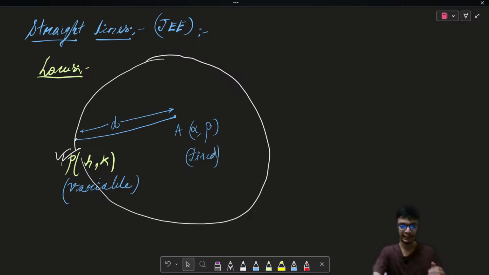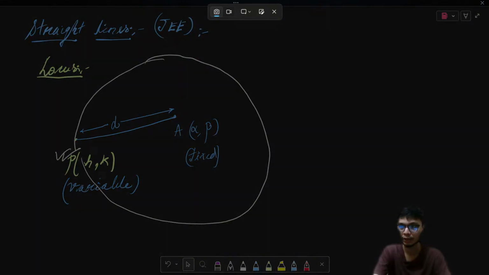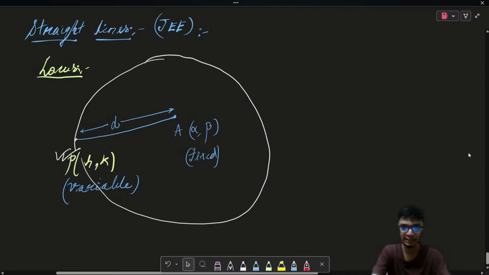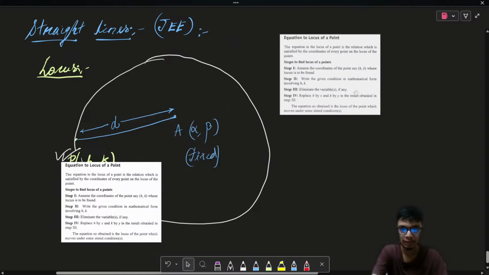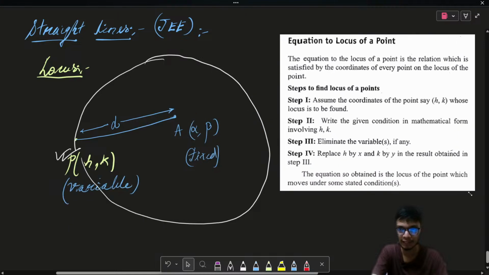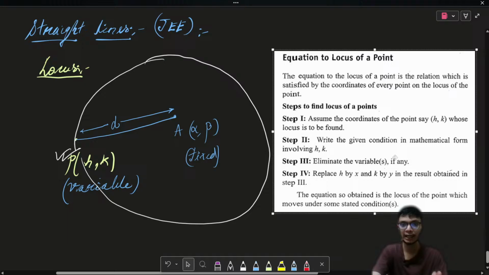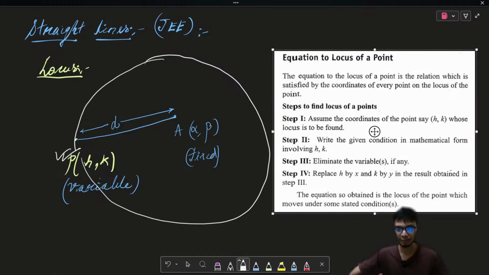Now, there are certain fixed methods or steps to find any general equation of locus. So if I give you any problem where you have to find the equation of the locus of any given point, some of the standard steps are as follows. So I'm attaching some of the steps. These are the following steps that will help you to formulate the equation of locus of any given point.